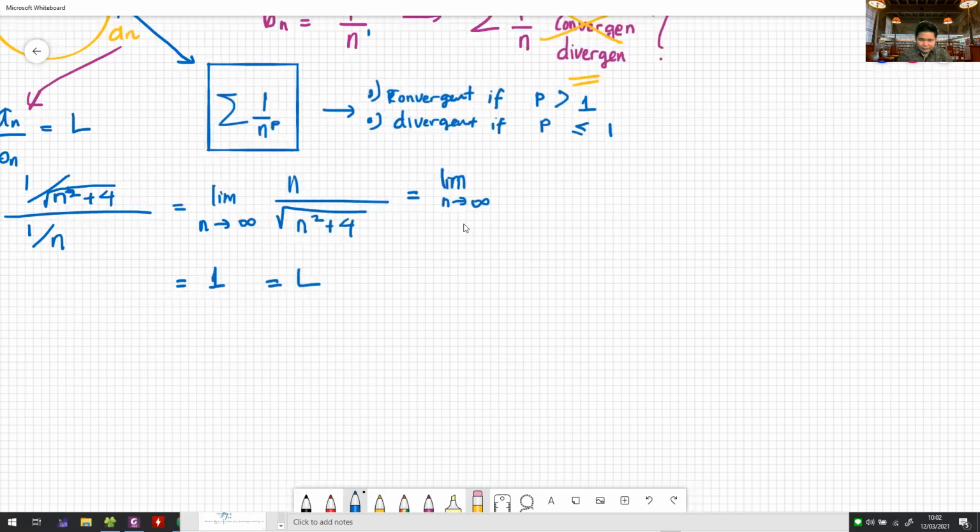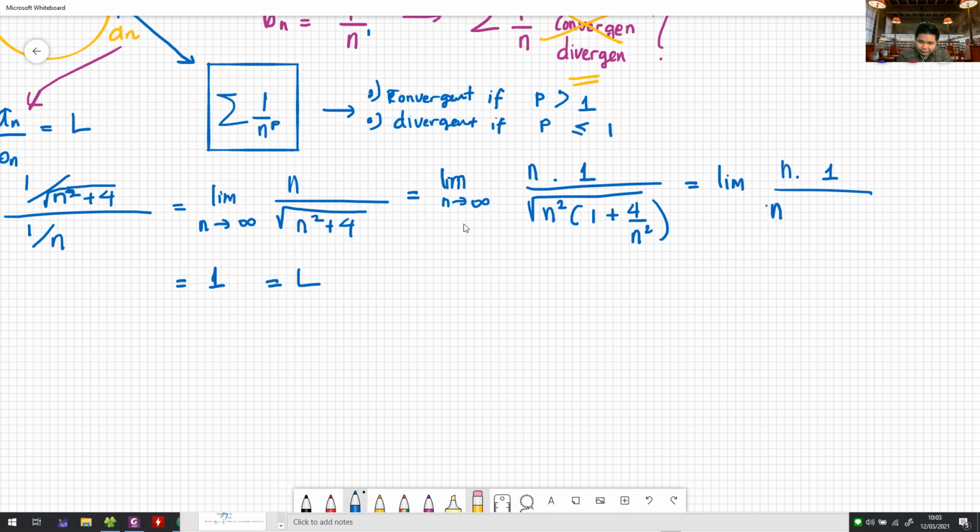In case you still do not understand yet, we divide by the highest power, both numerator and denominator. What is the highest power of the top and bottom? n, power 1. So n times 1, the same. Then this one, the root: this is the root of n squared. I open it: this is 1 plus 4 over n squared. Exactly the same. And n squared under the root becomes n. So what remains is the square root of 1 plus 4 over n squared.